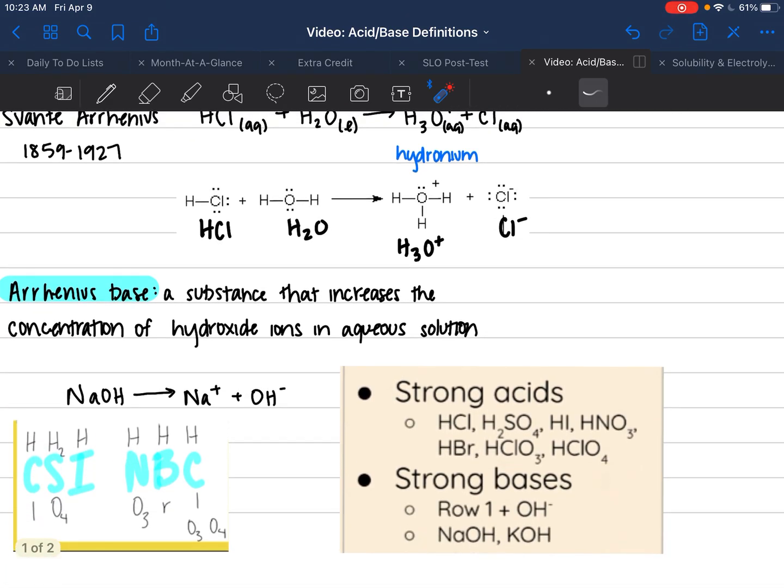Notice we also have something called an Arrhenius base, of course, and that is any substance that increases the concentration of hydroxide ions in an aqueous solution. Remember that hydroxide ions just means OH minus. So if we're looking at sodium hydroxide, notice when that breaks apart, we get sodium, which is positive.